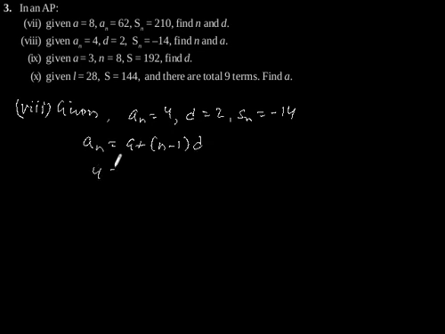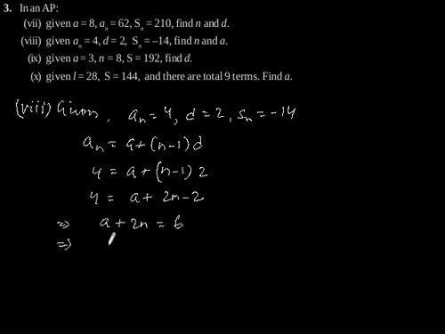Putting the value, 4 is equal to a plus n minus 1 into 2. This gives 4 is equal to a plus 2n minus 2, which implies a plus 2n is equal to 6, which implies a is equal to 6 minus 2n. Let's say this is equation 1.